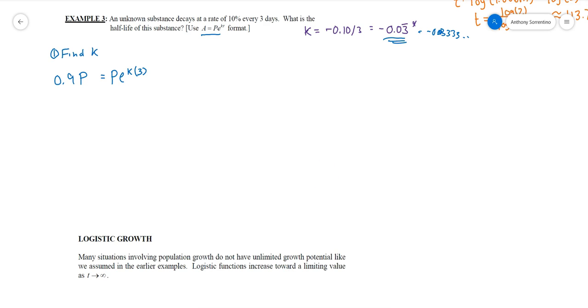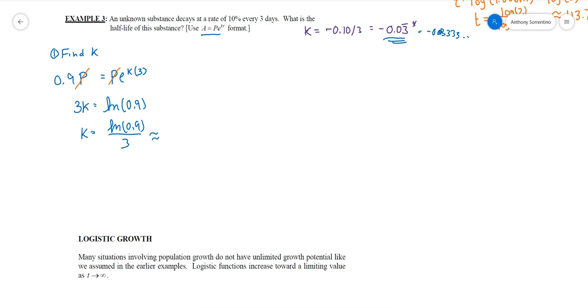Now, of course, as I carry through the solution process to figure out what K is, this would cancel. I would have now that 3K would equal the natural log of 0.9, which means K would be the natural log of 0.9 over 3.